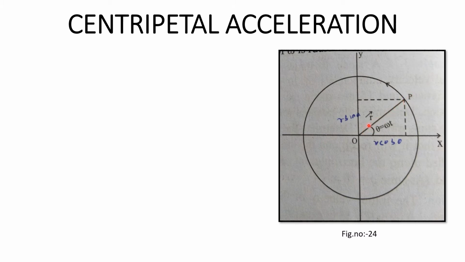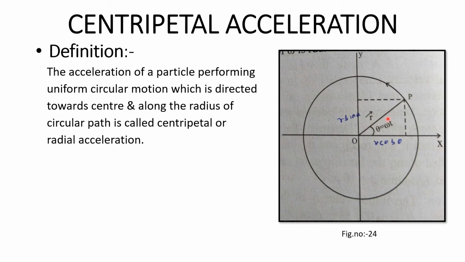How do we make a simple definition of centripetal acceleration from the given diagram? The acceleration of a particle performing uniform circular motion which is directed toward the center and along the radius of a circular path is called centripetal or radial acceleration.